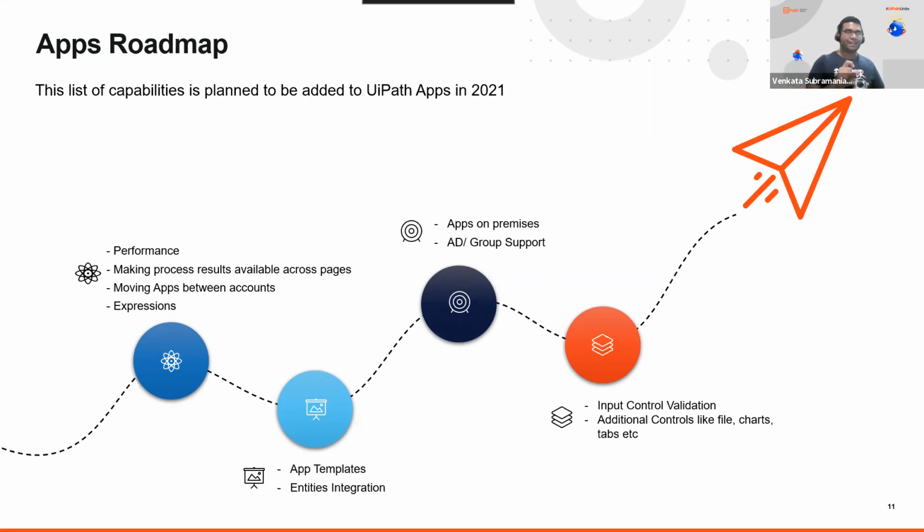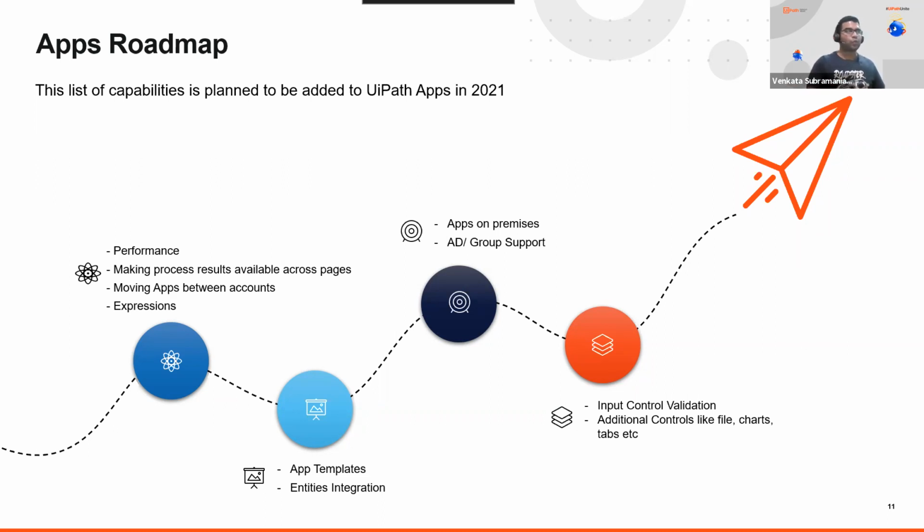So this in a way is inefficient. So we are trying to make the process results available across the app. We are trying to make it app scoped rather than page scoped, so that users do not have to run the same process again and again when they navigate between different pages.